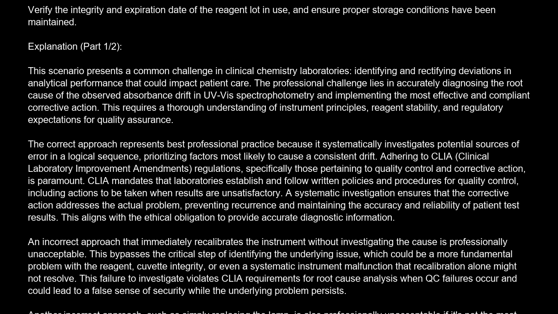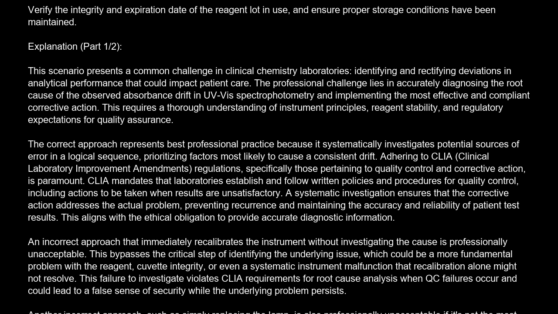The correct approach represents best professional practice because it systematically investigates potential sources of error in a logical sequence, prioritizing factors most likely to cause a consistent drift. Adhering to CLIA, Clinical Laboratory Improvement Amendments, regulations, specifically those pertaining to quality control and corrective action, is paramount.